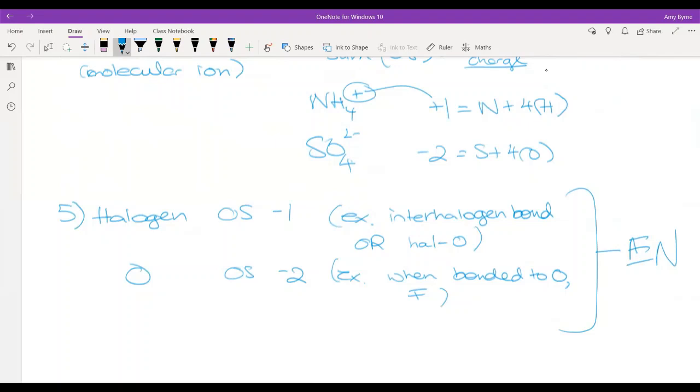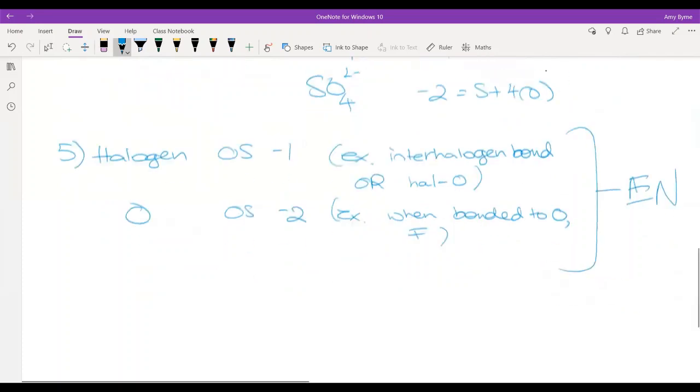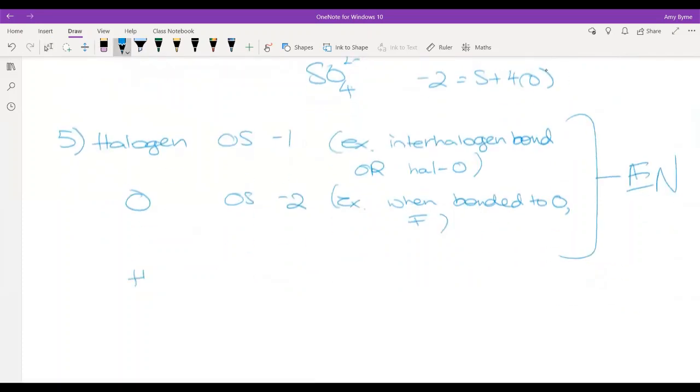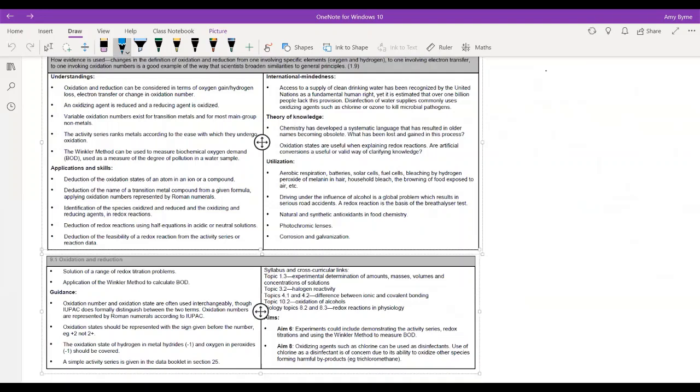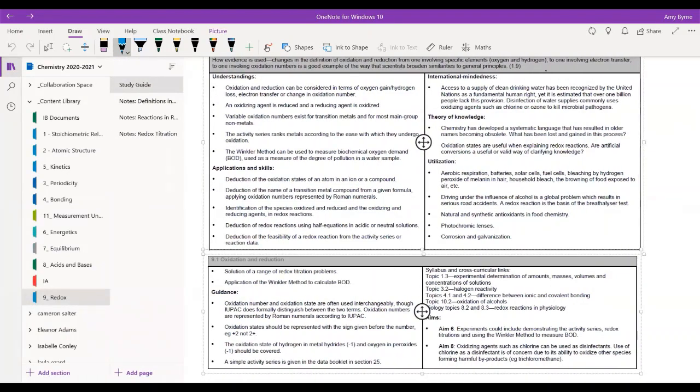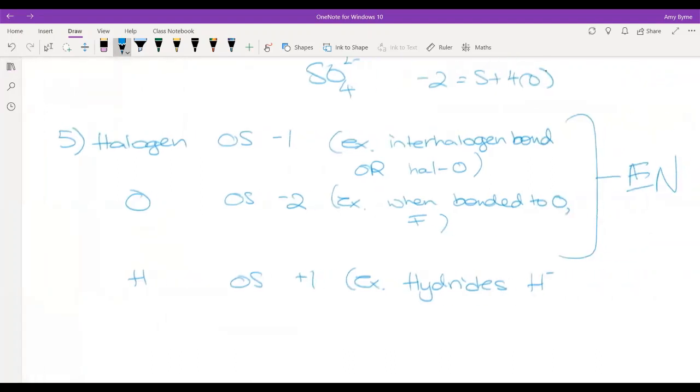So hydrogen is going to have an oxidation state of +1, excluding what are called hydrides. So in a hydride, it is the H- ion, which would give it an oxidation state of -1.